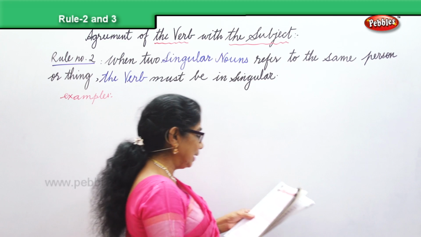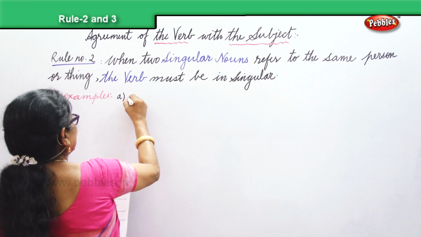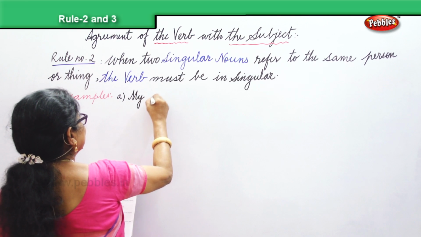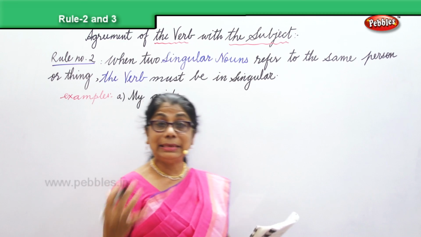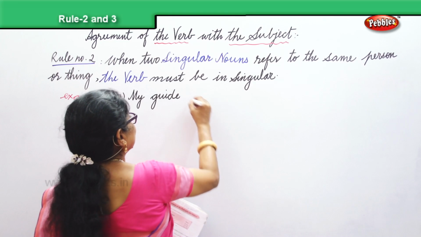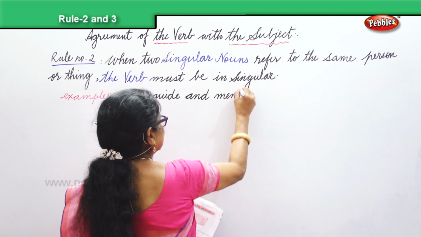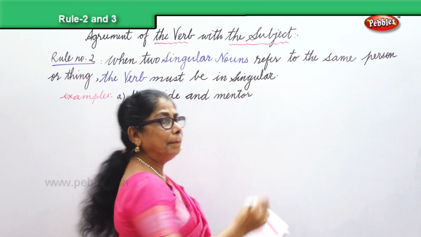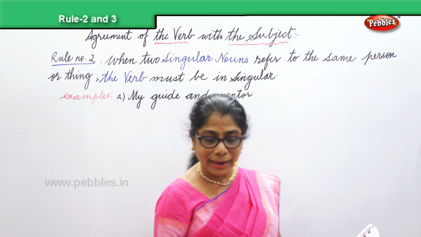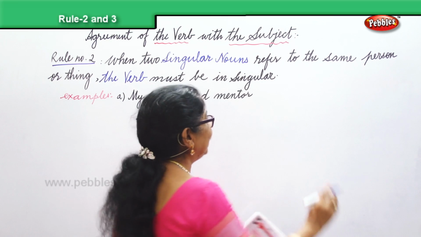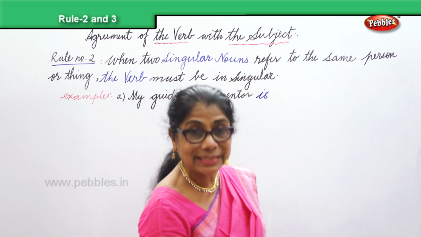That's the first example. Let's look at it. My guide and mentor. And the verb here is my father. Look at the verb, is. The verb we use here is singular.